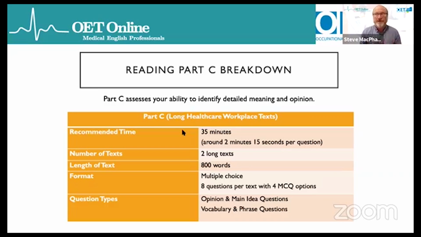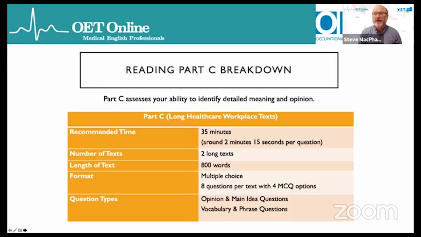Probably 9 or 10 minutes should be enough for Part B, and then the remaining time is going to be for Part C. Part C has 2 texts, and that means each text has 8 questions, so that's a total of 16 questions. If you do the math and you've finished your Part B and you've got 35 minutes remaining, that's how long you'll have, about 2 minutes and 15 seconds.